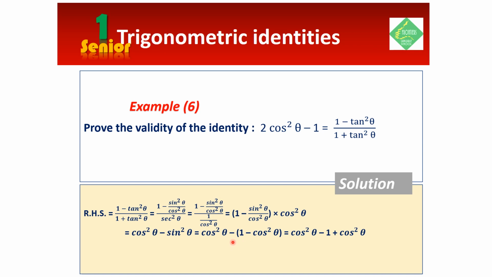And when you distribute the negative sign on two items, it will be cosine square minus 1 minus minus, which is positive, cosine square. And cosine square with cosine square will be 2 cosine square, which is the left hand side. So it will be 2 cosine square theta minus 1 equals left hand side.